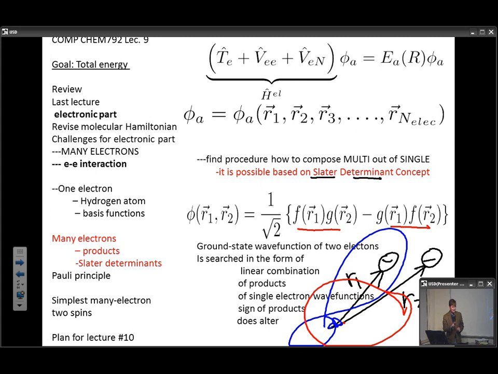So if the electrons are swapping their position, their index, their order, then the sign of the overall wave function is changing. And with a single product, it is not possible. Therefore, one uses a summation of several products in order to satisfy this antisymmetry, the swap of the sign.